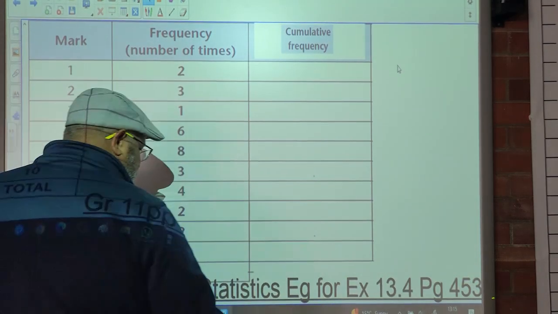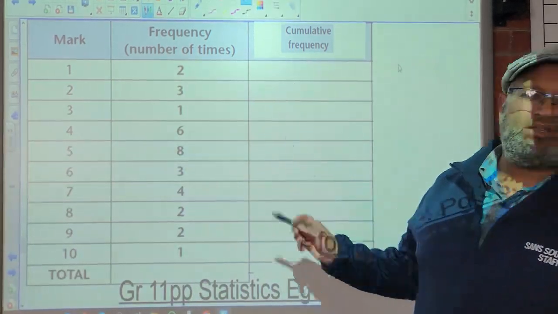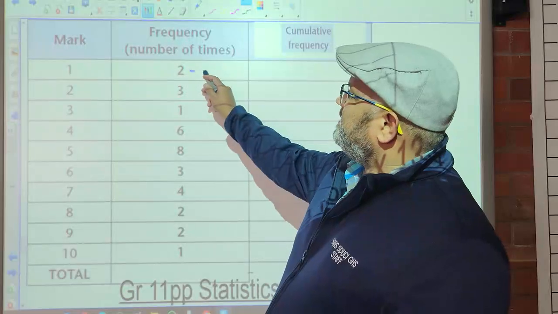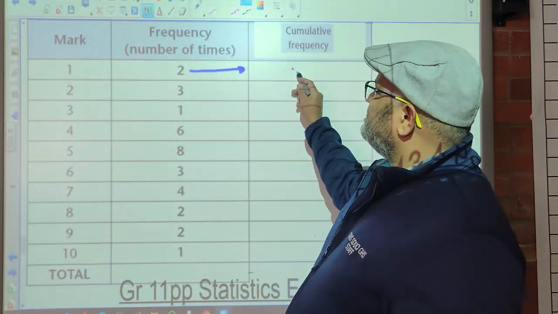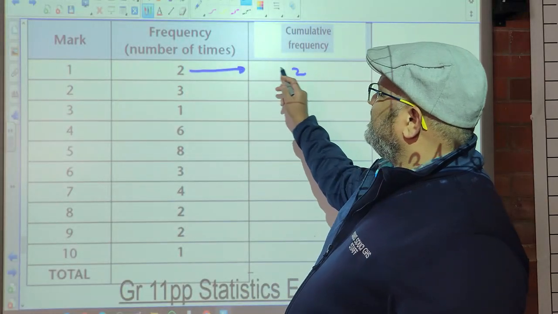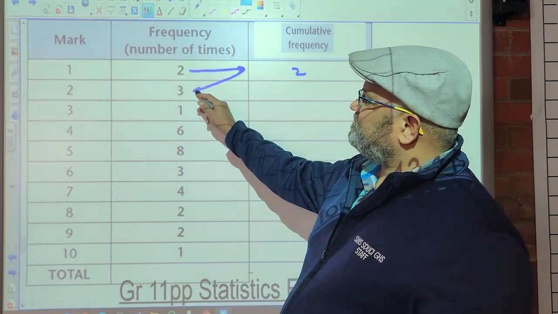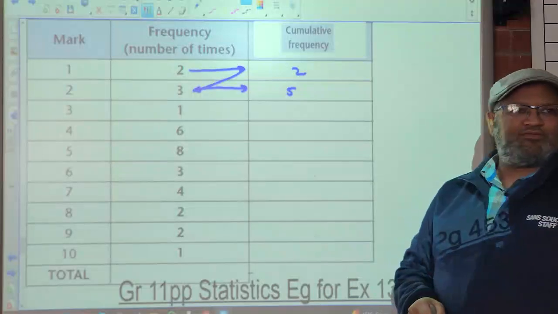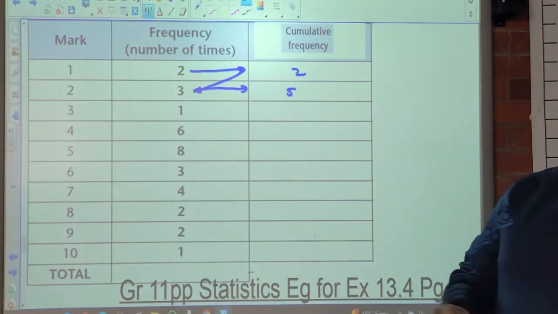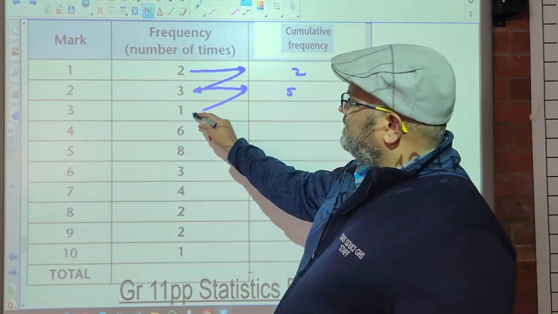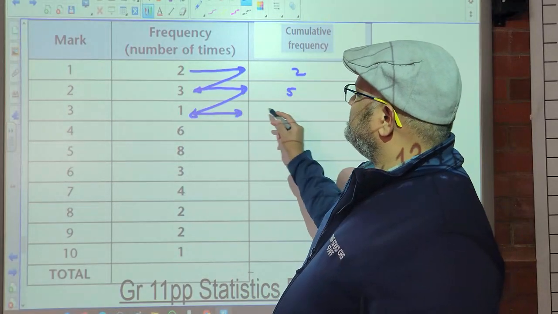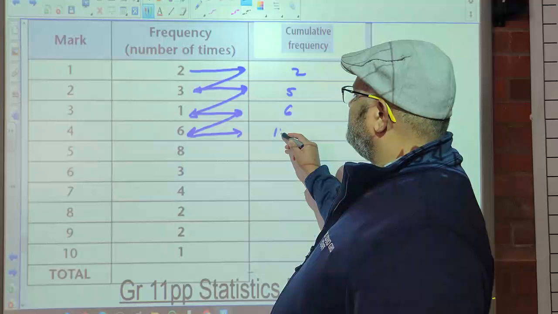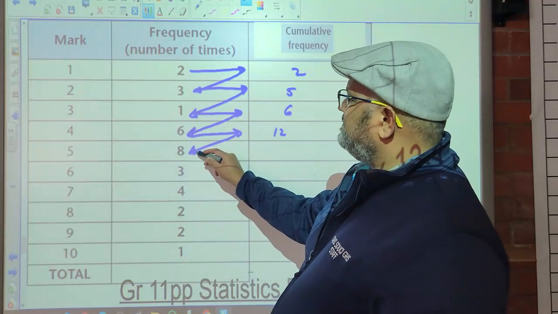So people, your cumulative frequency column works like this. At the end of this class, I've considered 2 people, not so. And then you add 3. What's 2 plus 3? 5. So the cumulative frequency is now 5. Can you see that? Then you add 1, which becomes 6. 6 plus 6? 12. 12 plus 8? 20.